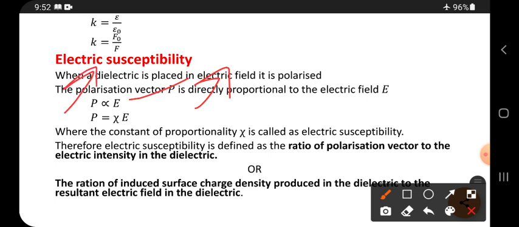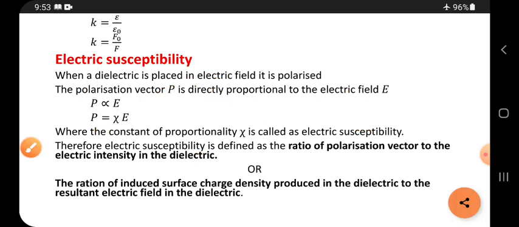So simply remove the direct proportional symbol, take equal and a constant. This constant is called the electric susceptibility.